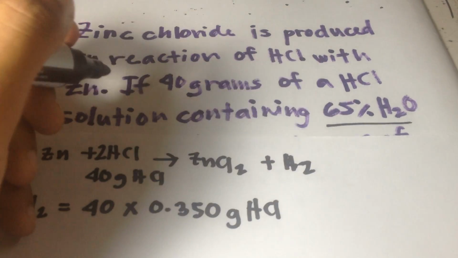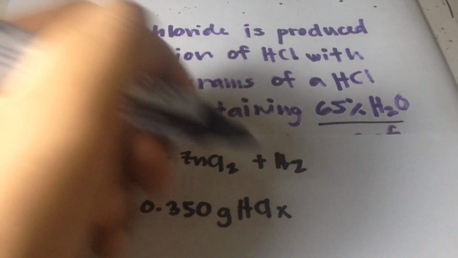and then times the molar mass of HCl, which is 36.5 grams per mole.